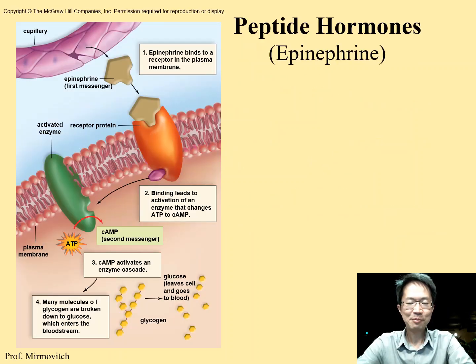So an example of a peptide hormone is epinephrine. Epi means on top. Nephrin, from the word nephron.